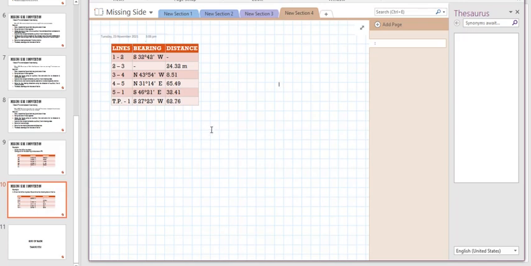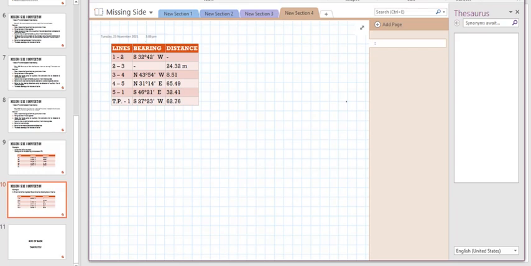Start with point 1. TP is like a tie point or benchmark; it just confuses the given data. Okay, draw point 1, south 32.42 degrees.